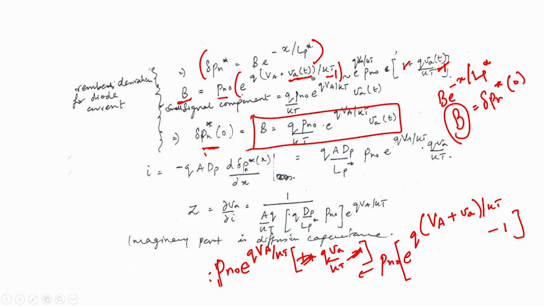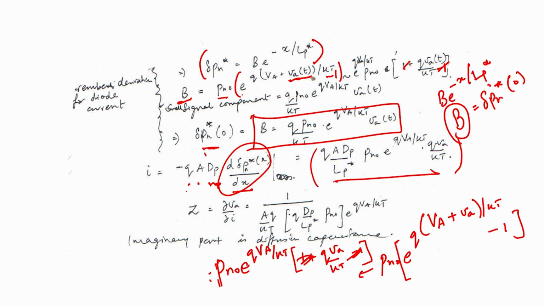And now, what is the current component? The current is because of the diffusion term, right. It is Q into A, area of cross section, into dP into d delta Pn star by dx, and that turns out to be this, because we now know what is B, and we now know what is B into e to the power minus x by Lp star, and therefore, we know what this derivative is, and we can now find the current at x dash equal to 0, and you will end up with this expression here.